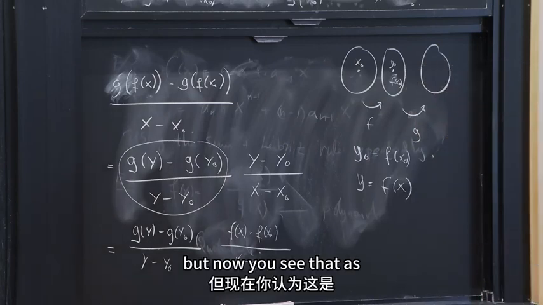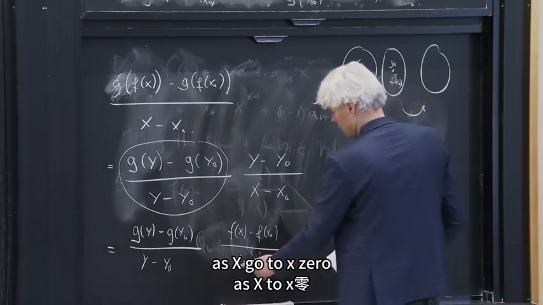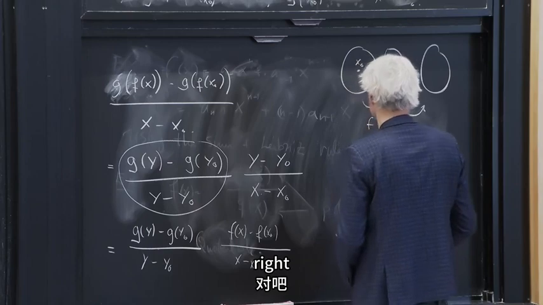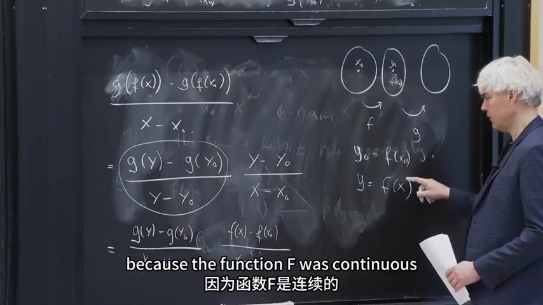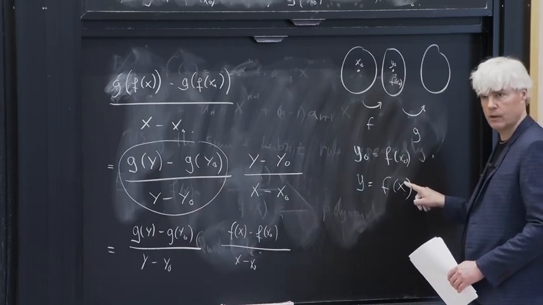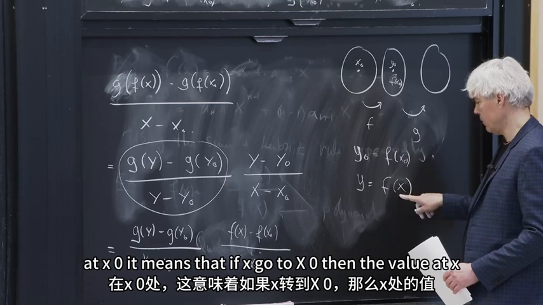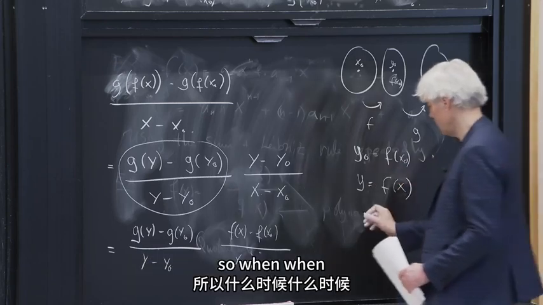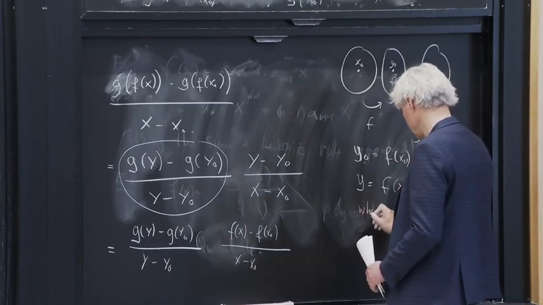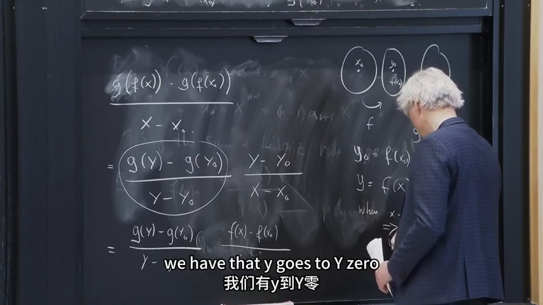But now you see that as x goes to x0, because the function f was continuous at x0, it means that if x goes to x0, then the value at x, which is y, will go to the value at x0. So when x goes to x0, we have that y goes to y0.